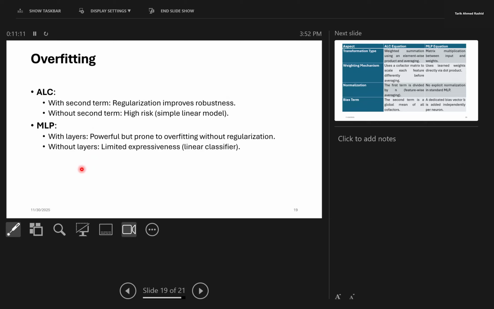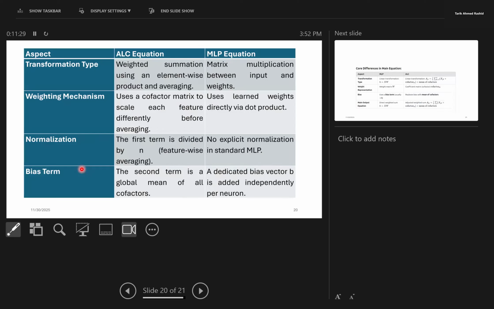More or less, these are the differences between the two machine learning techniques. We advise you to use ALC as a new machine learning classifier, and it is very simple. It can be used for unlimited applications, and it can also be modified easily. Here is more comparison between the two.